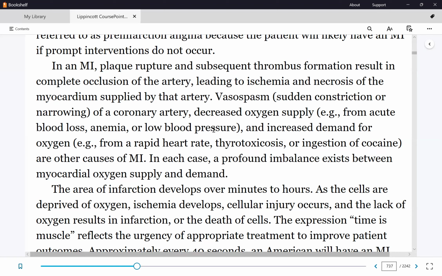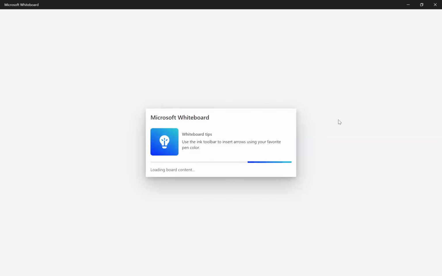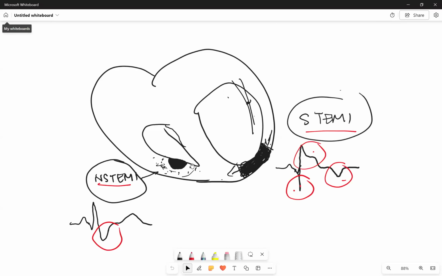Obviously, so let me illustrate. Okay, so illustrating here.